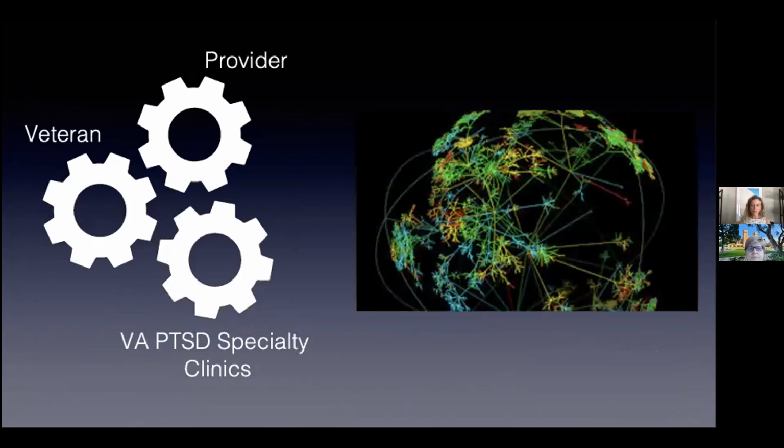So what I always like about that example is, I think it helps us to think about, we often have, in our theories and frameworks, somewhat a modular perspective of implementation, like we'll have something happening at the veteran level if it's within the VA, or at the patient level if it's outside of VA, at the provider level, at the level of the clinic. And we do think somewhat about how these things intersect. But actually, often when we get into the real world, it ends up being much more interactive, much more complex.